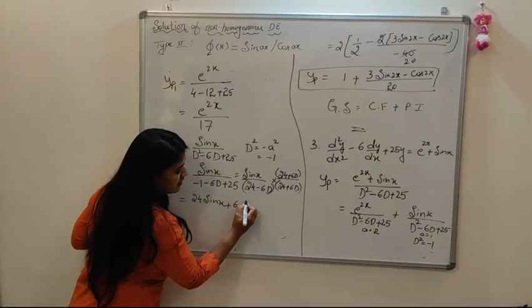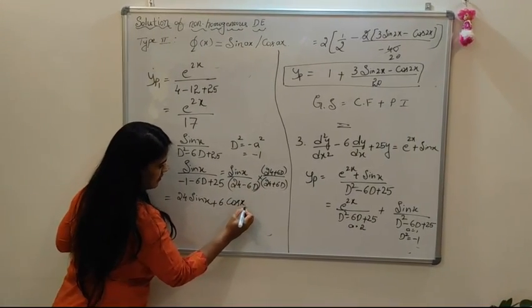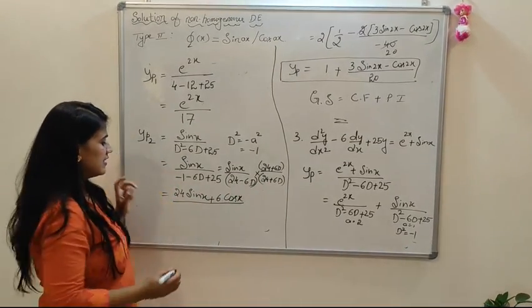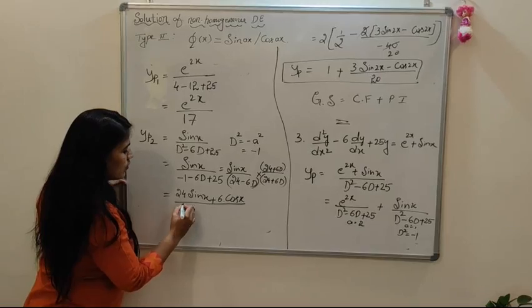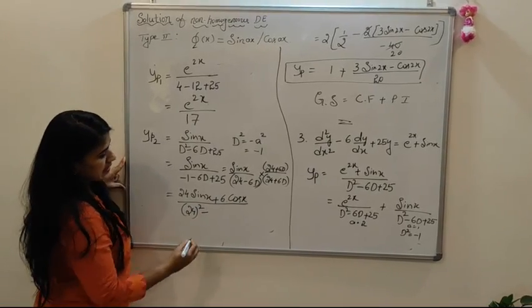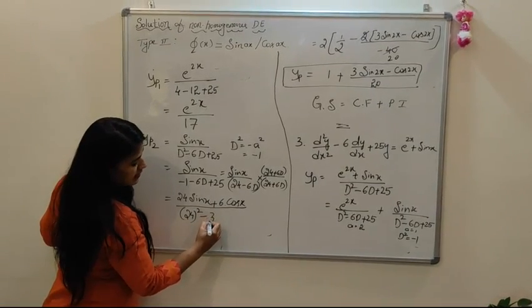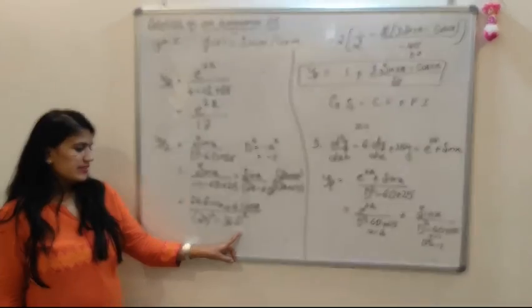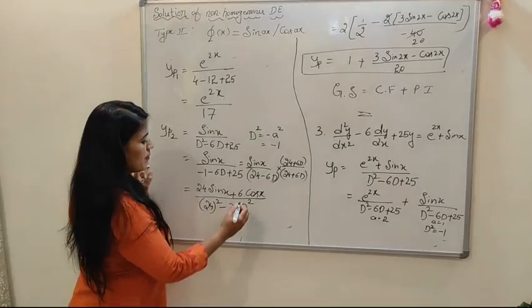Differentiation of sin x is cos x. That's it. Divided by 24 minus 6d, 24 plus 6d, 24 whole square minus 6 6s are 36 d square. Now we got d square. For this d square we should replace by minus 1.